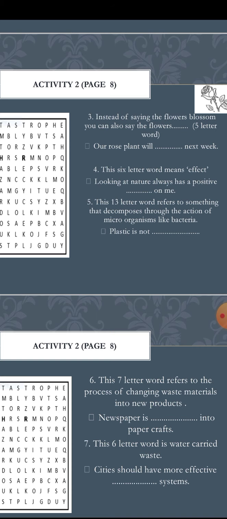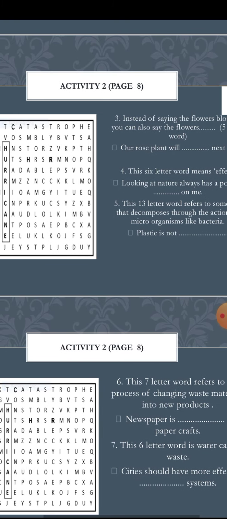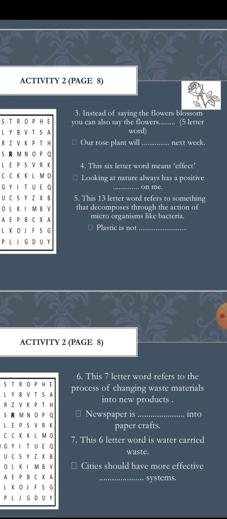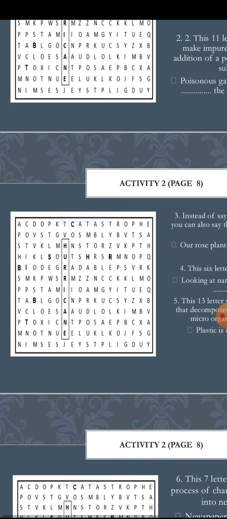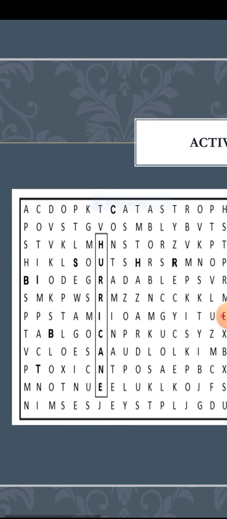When I say plastic is not dash, plastic is something that cannot be dash. But things that are organic, like trees, paper or fruits, or animal or plant waste, all of these wastes are dash. What is the word? Can you guess? 13-letter word. I'll give you the box. Can you see it?